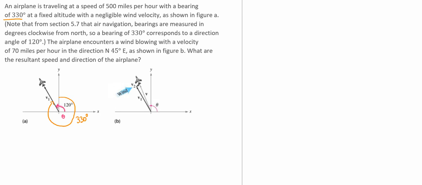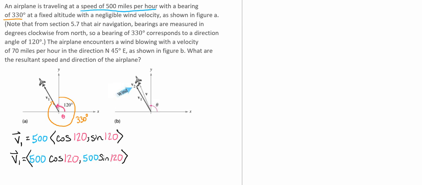Now let's just look at this first vector for a moment. We know that we have a magnitude of 500 miles per hour because that's our speed. So our first vector, let's call it vector 1, has magnitude 500 times the cosine of 120 degrees and the sine of 120 degrees.